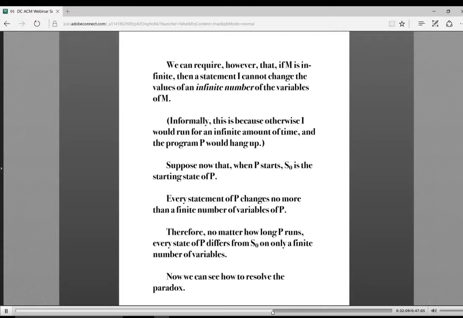Suppose now that when P starts, S sub 0 is the starting state of P. Every statement of P changes no more than a finite number of variables of P. Therefore, no matter how long P runs, every state of P differs from S sub 0 on only a finite number of variables. Now we can see how to resolve the paradox.